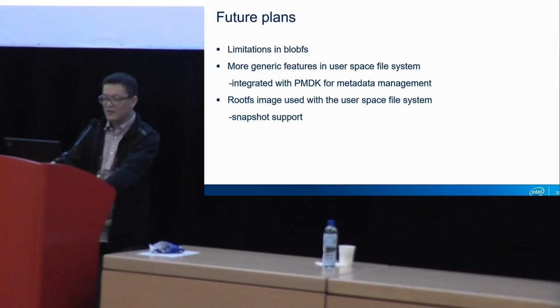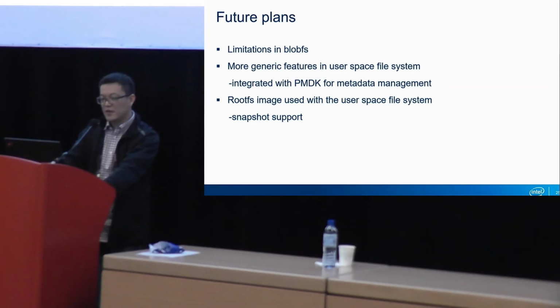And the other part is about the rootfs image used with the SPDK-based file system, because the rootfs image is still very important for container scenarios. If we want to support this feature, we must add snapshot support.